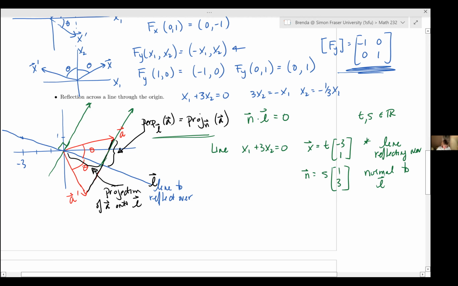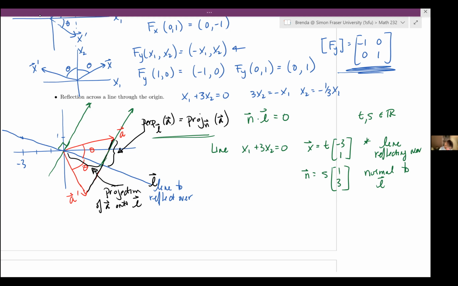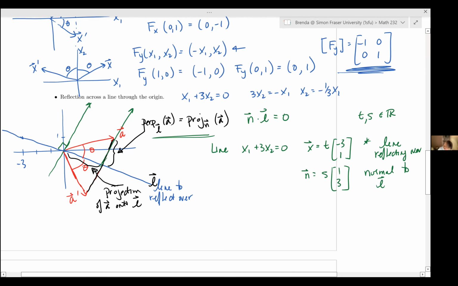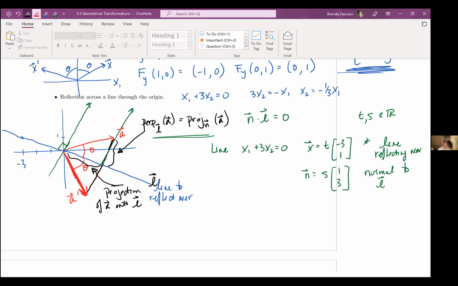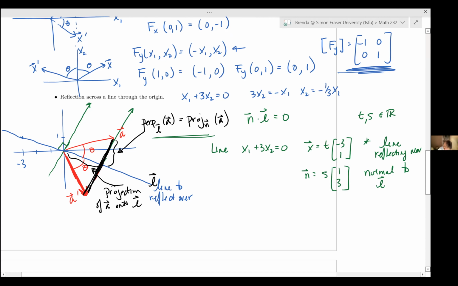Let's take a look at what we're trying to figure out on our drawing. We are trying to figure out what this guy is right here. But look at what that guy is, considering this distance right here. What is that distance? Well, we've identified at least half of it.